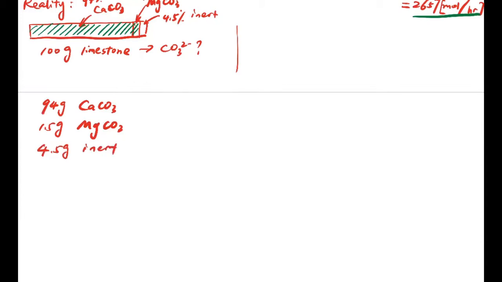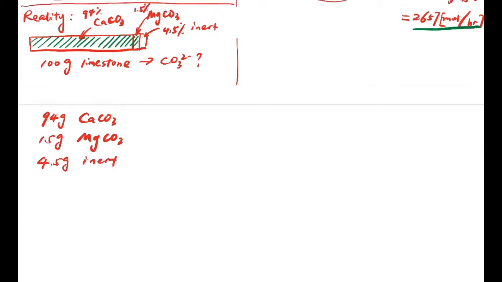And if we know the mass of the calcium carbonate, we can calculate the moles of the carbonate ions it provides to the reaction, right? So it's just going to be 94 divided by the molecular weight of the calcium carbonate, right? So that's 94 divided by 100, which is 0.94 mole of the carbonate ions.